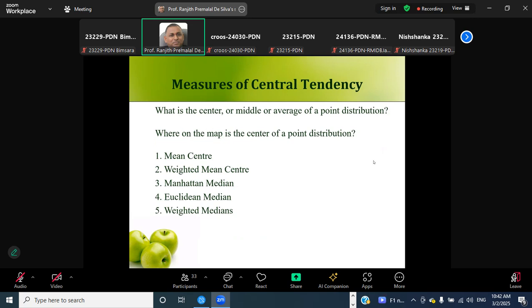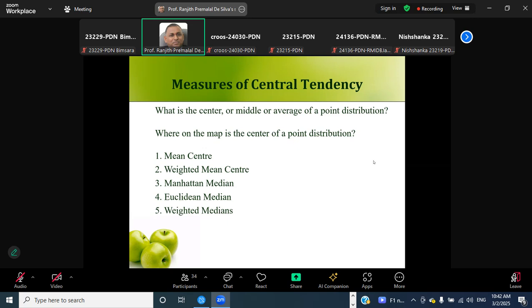Now, what is the center or middle or average of a point distribution? You have a set of points. Where is the middle point? Where is the center? So, where on the map is the center of a point distribution?